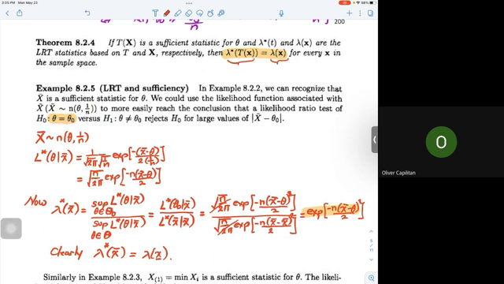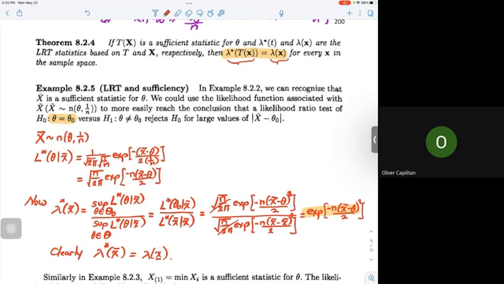Kaya explore niyo itong tatlo na method, no? Yung first example, we apply the maximum likelihood estimate, the remark. Yung second example natin, we apply our definition for the likelihood ratio test statistic.